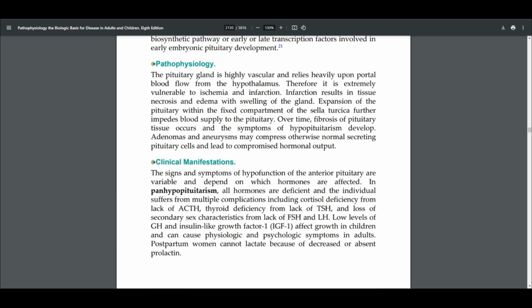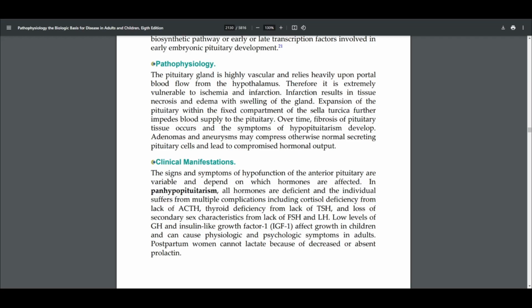Pathophysiology. The pituitary gland is highly vascular and relies heavily upon portal blood flow from the hypothalamus. Therefore, it is extremely vulnerable to ischemia and infarction. Infarction results in tissue necrosis and edema with swelling of the gland.